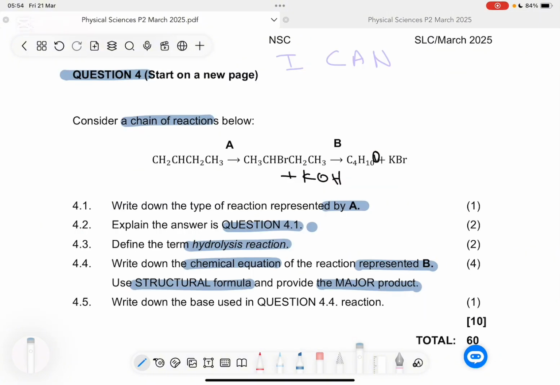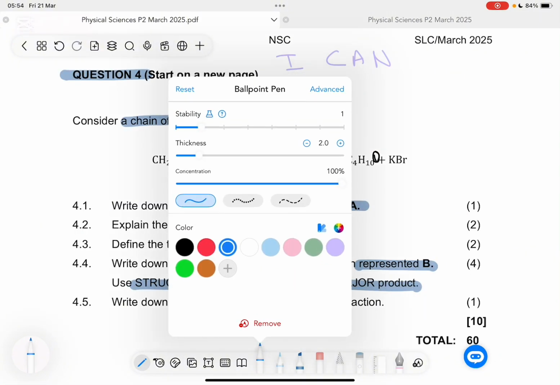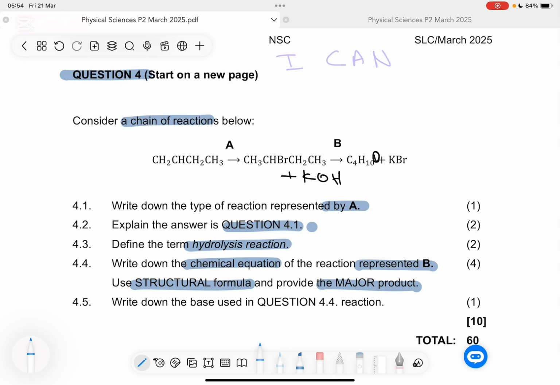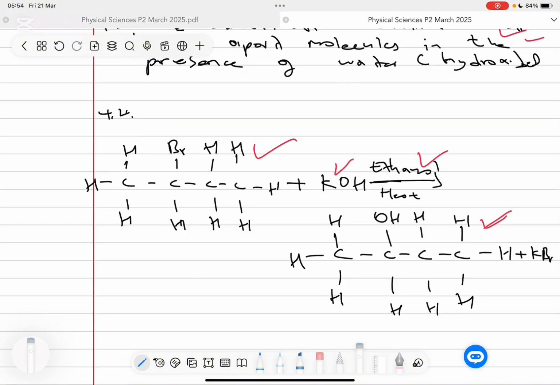Now, question 4.5, they say to us, write down the base used in the question 4.4 reaction. Obviously, we can see that our base here is this potassium hydroxide, or what you can call the KOH molecule.